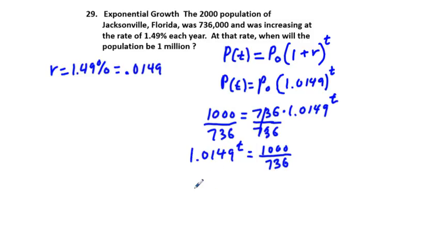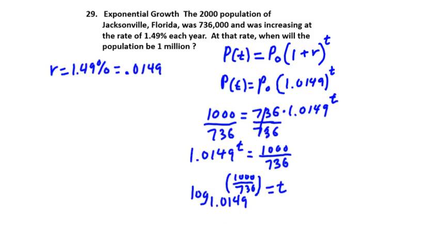And to do that, the base of our logarithm is going to be the same as the base of the exponent. So I'm going to put log base 1.0149 of this number here on the right, which is the fraction 1,000 over 736, is going to be equal to our unknown t.